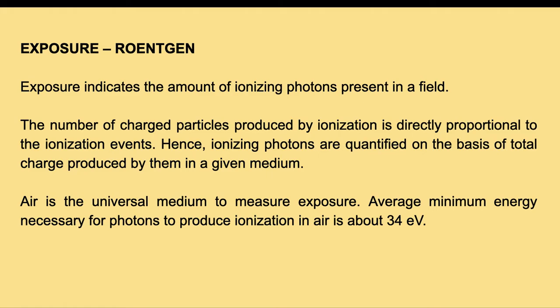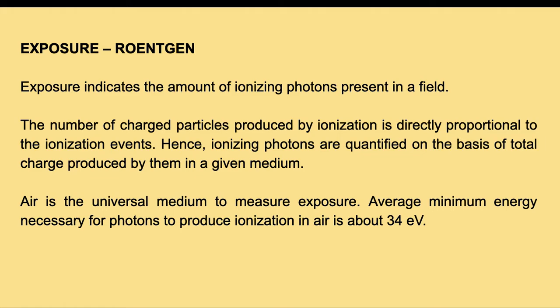Hence, that means when a charged particle is passing through or interacting with the matter, that charged particle can cause ionization. So due to ionization, you will be getting negative and positive charges.